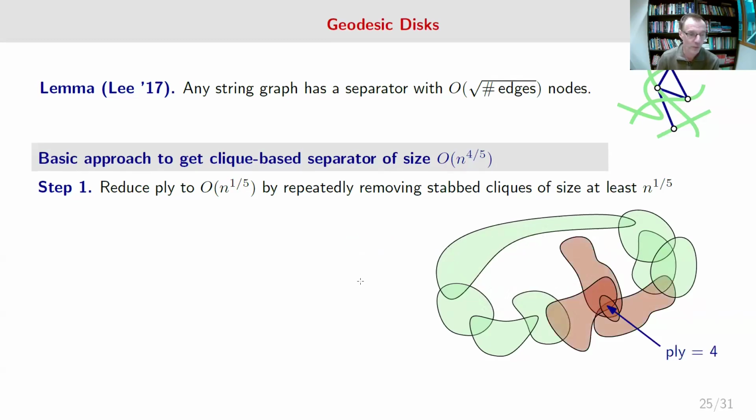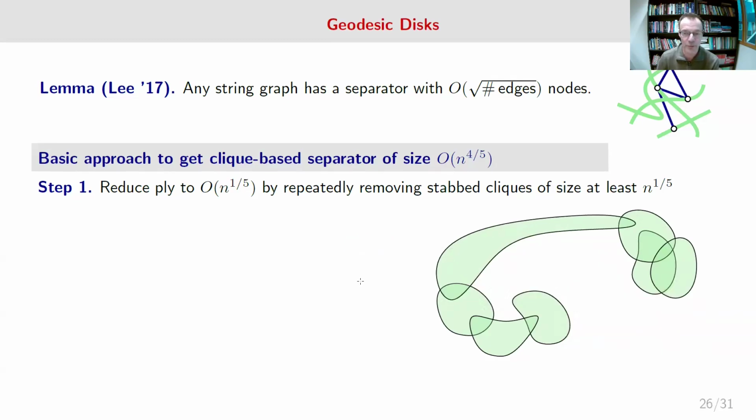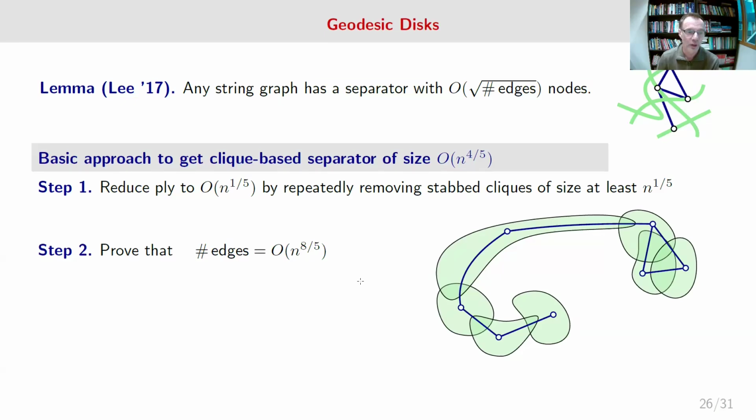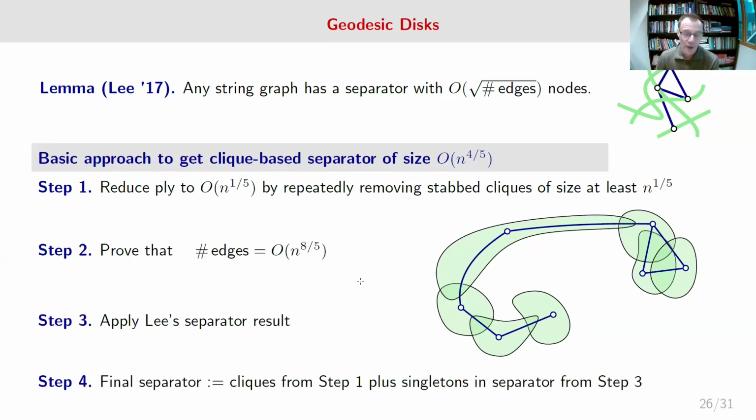I have something else where the ply is high, it's a clique, I remove it. Now the ply of my system is small. Now I want to prove that the number of edges is small, and once I've proven that, I can get something from the separator result on string graphs. So how do I prove that the number of edges is subquadratic?